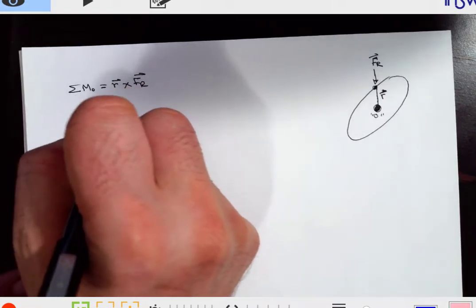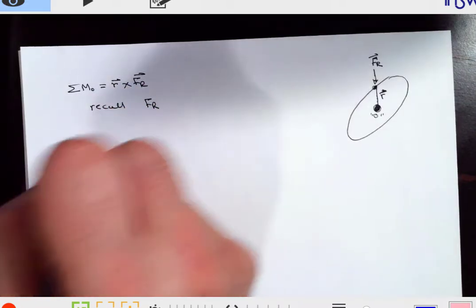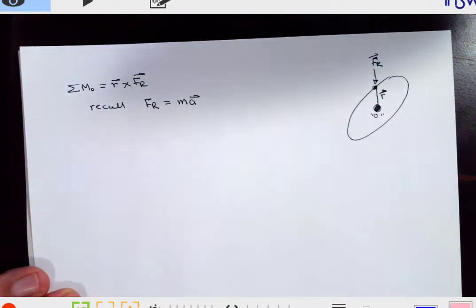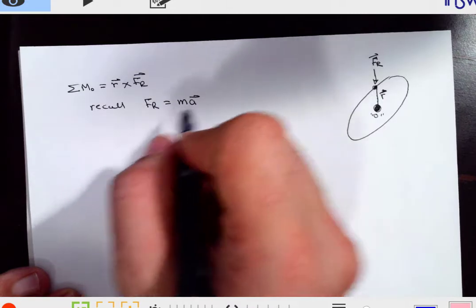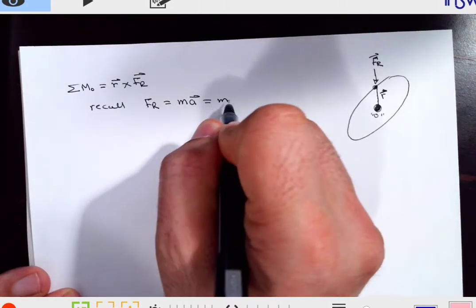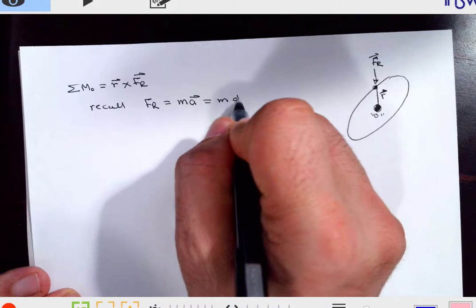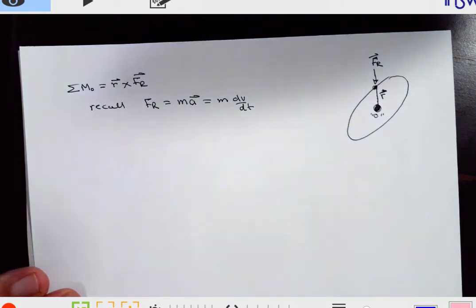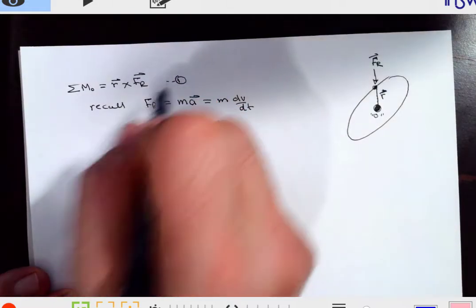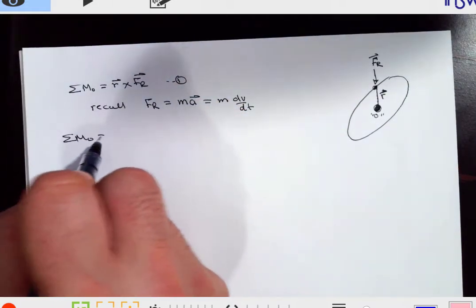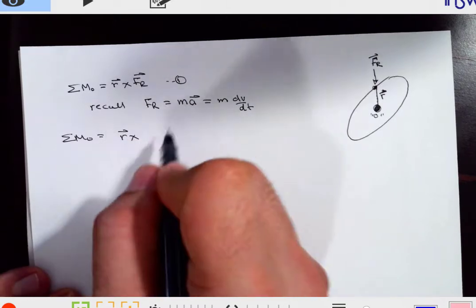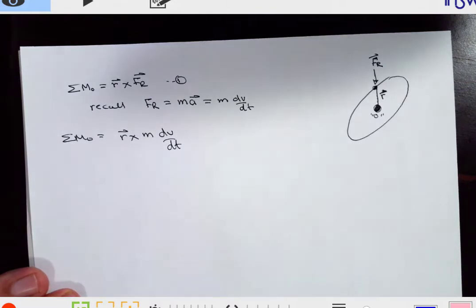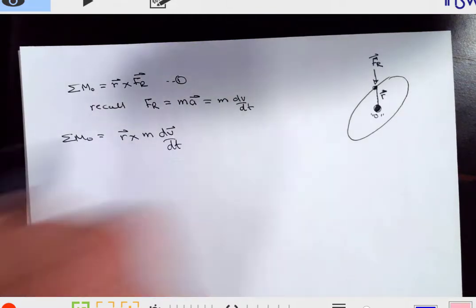Recall that the resultant force is mass times acceleration, from Newton's second law, or we can write it as m times a, where a is the derivative of the velocity, right? Therefore, the summation of moment is R cross m dv over dt, right? And the velocity v is a vector.